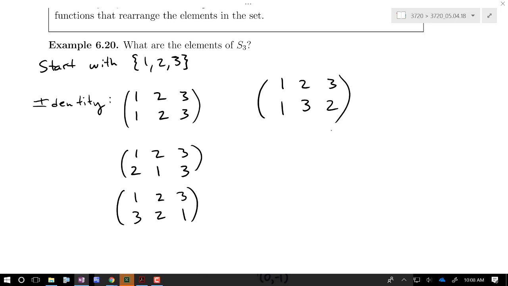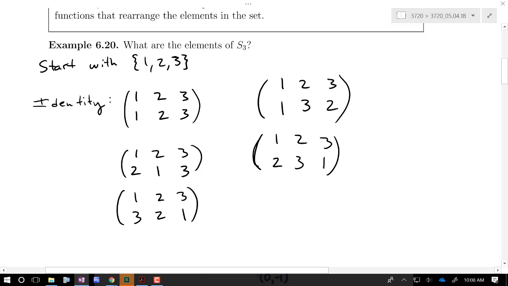What's a permutation we haven't looked at yet? Yeah, when they're all changed, right? Sent to another element. So maybe we could have 1 sent to 2, 2 sent to 3, and 3 sent to 1.